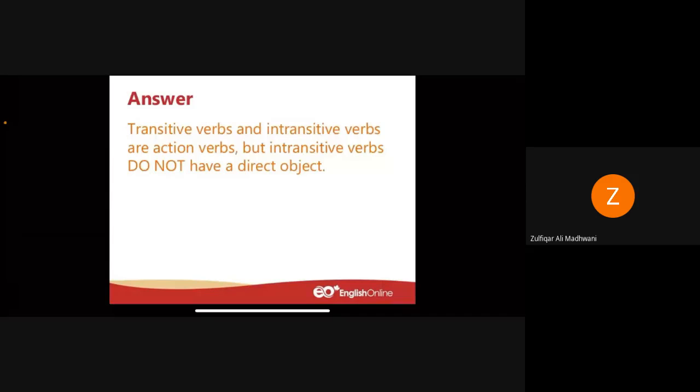When you ask the question whom, you will get the indirect object. So which kind of object is Ludo in that sentence? Is it direct or indirect?